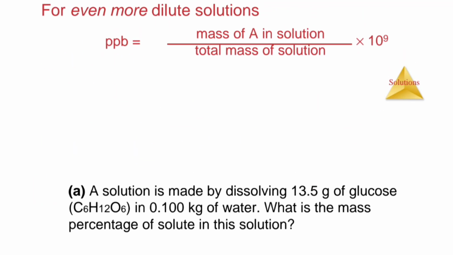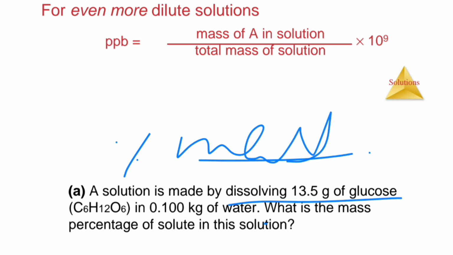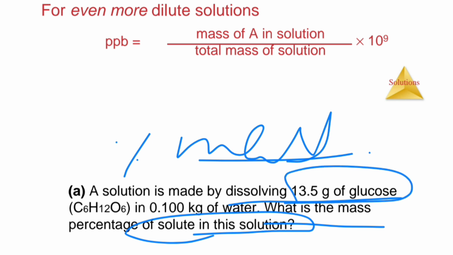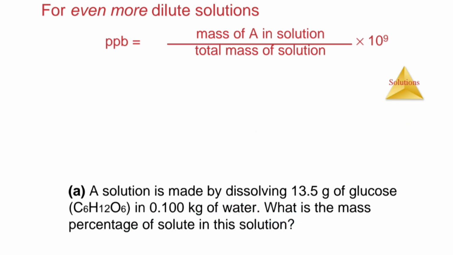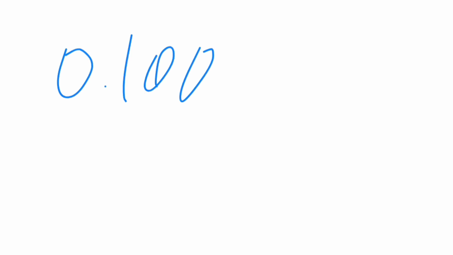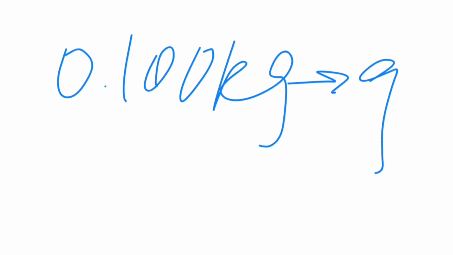Some questions here: you can use the mass percentage formula to find the mass percentage of solute in the solution. We will write 13.5 grams on top and divide it by the total mass. First of all, you will convert 0.100 kg into grams, which is 100 grams.